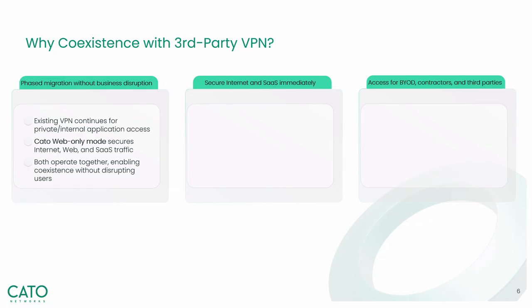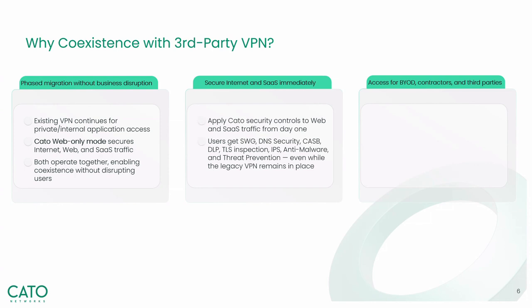And these two agents operate without any issues to the end user experience. Another thing, when I'm talking about internet or SaaS security, I am talking about all the security engines. You start with the secure web gateway, DNS security, CASB, DLP, and also deep inspection of the traffic, which is meant for internet or SaaS applications.